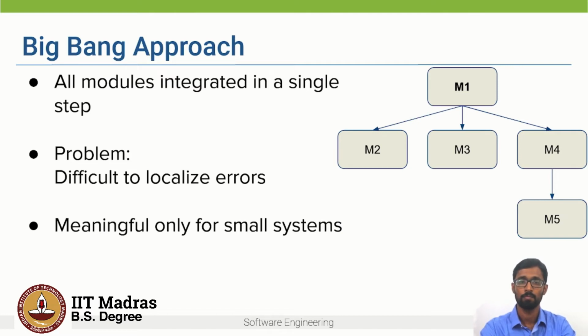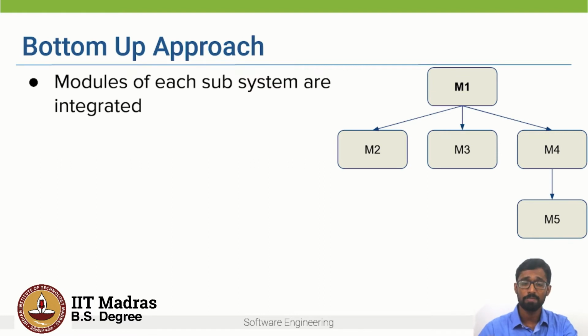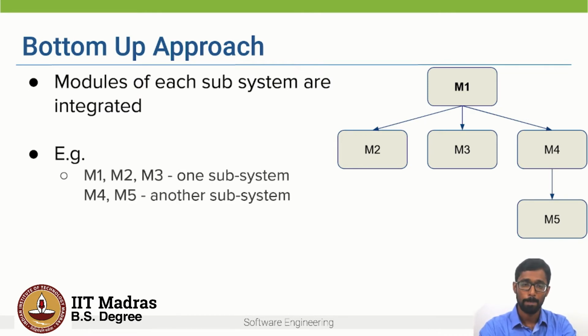Another approach is the bottom-up approach. A large software can have several subsystems, and the modules of each subsystem are integrated first in the bottom-up approach. So let's say we have M1, M2 and M3, and let's say they are one subsystem, and M4 and M5 are another subsystem.